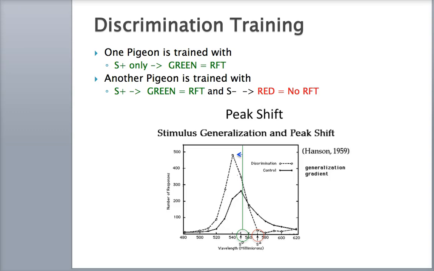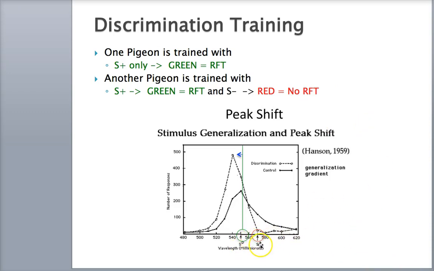Here we have two stimuli. 580 is yellow, so we're looking at a green stimulus as the S plus at about 550 nanometers, and the more red or yellow S minus is no reinforcement.